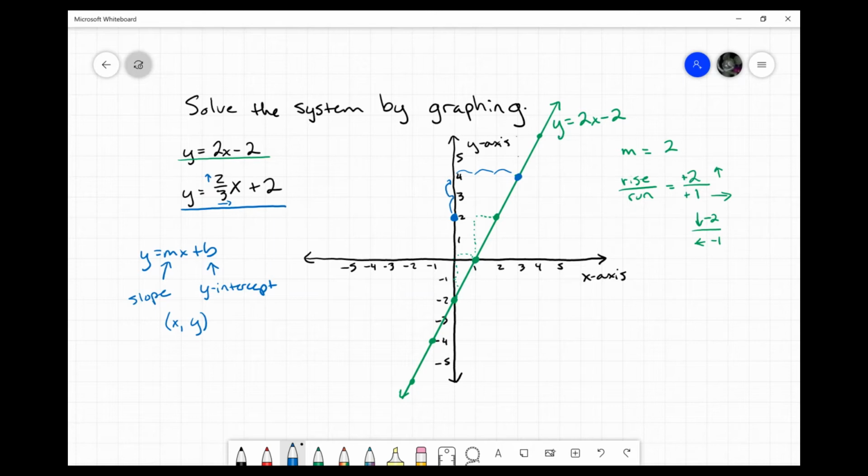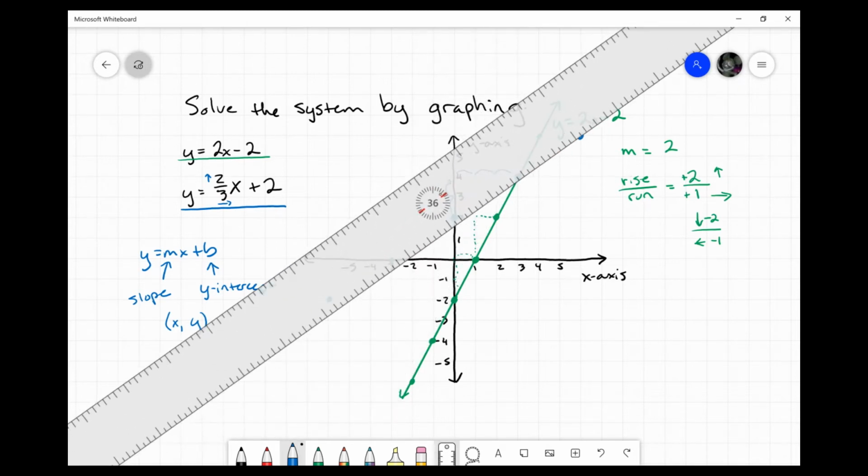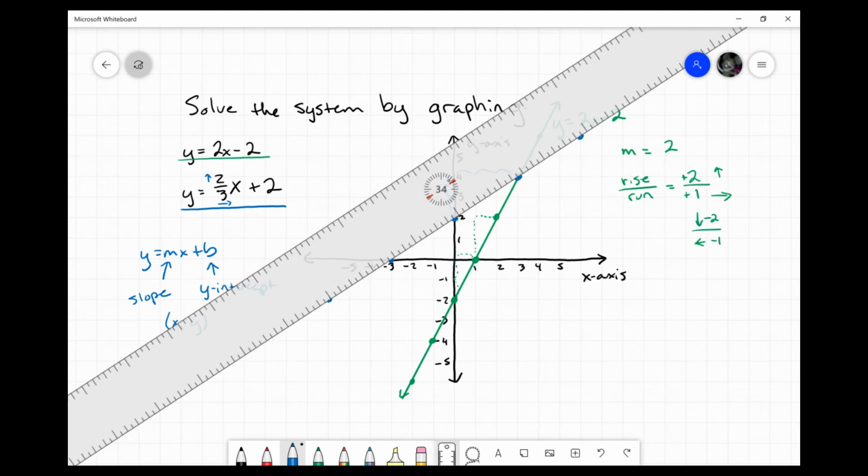I can do that again, up 2, over 3. I could do it the inverse as well, going down 2 and back 3. When I have enough points that I feel comfortable, I can connect the points to form the line.